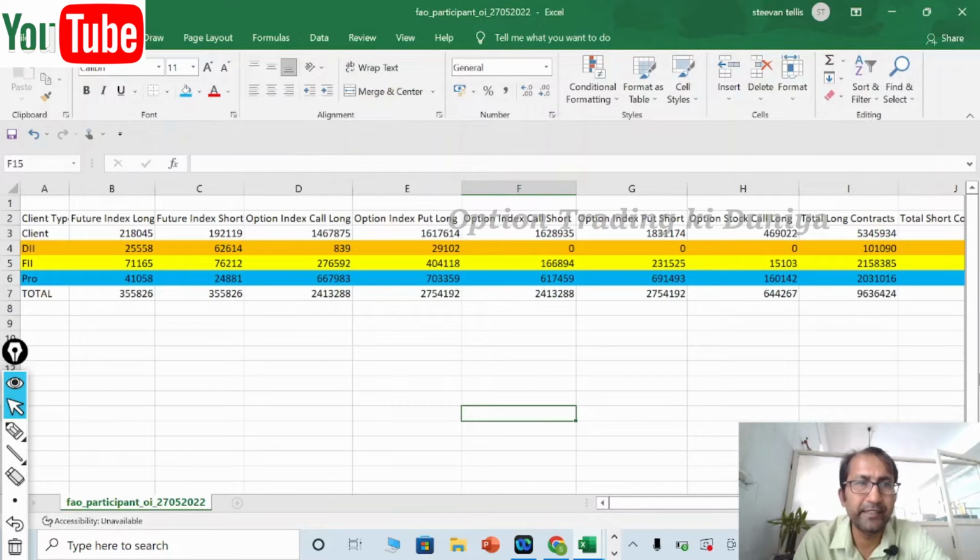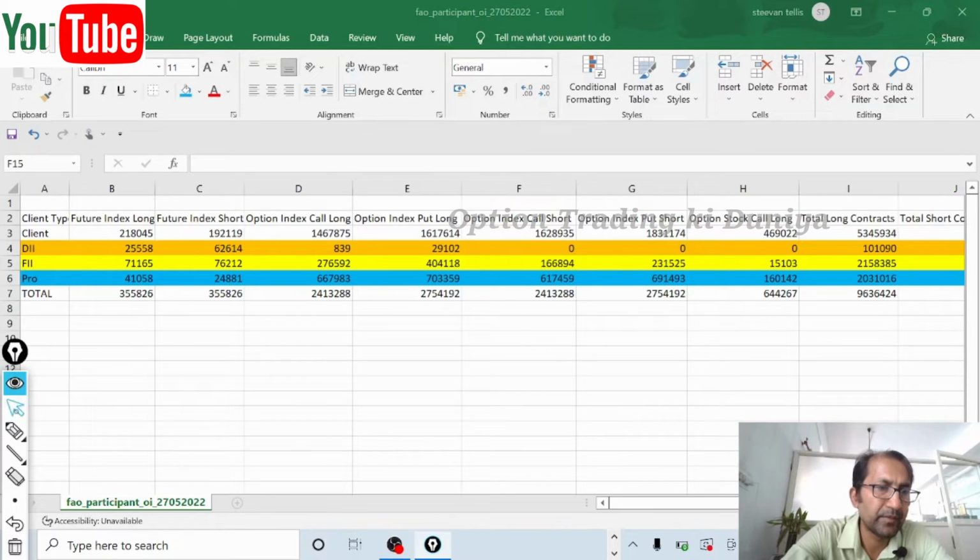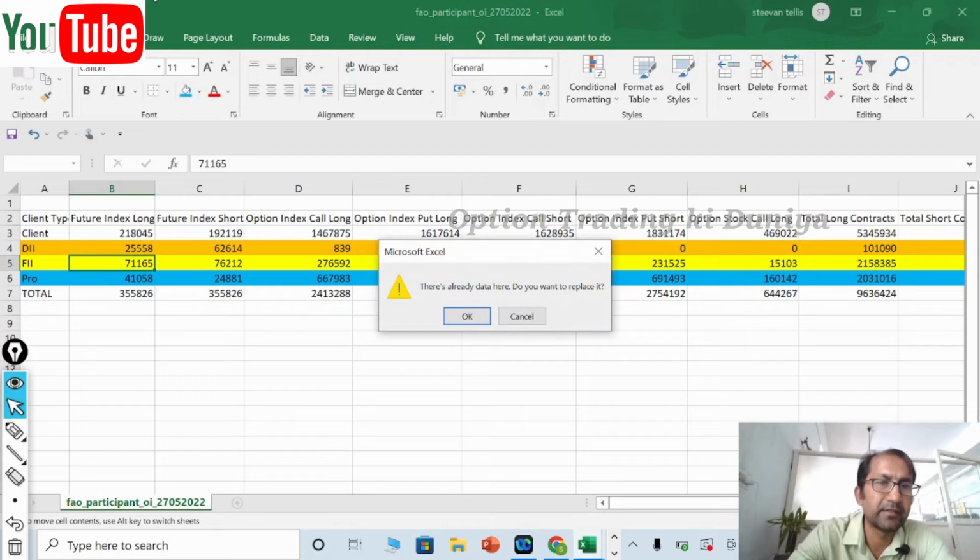So these are the FII and DII data, participant wise open interest. You can see here FIIs, index and short. Let me just close this.